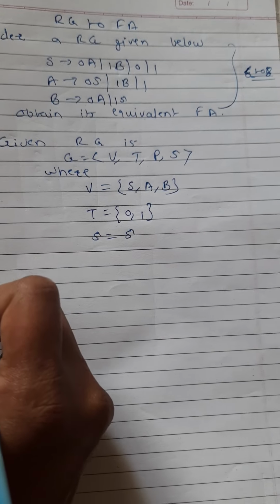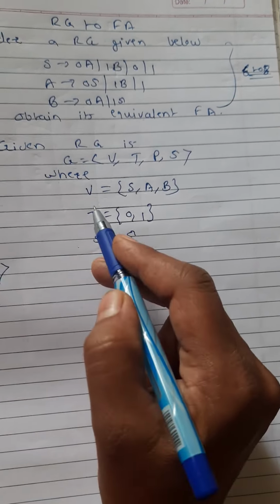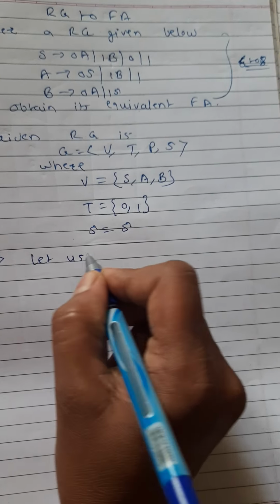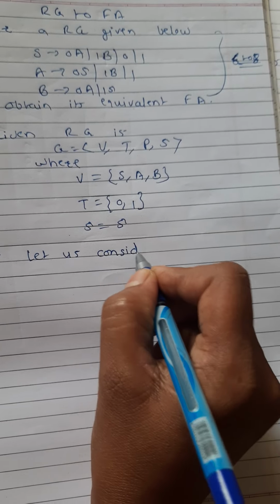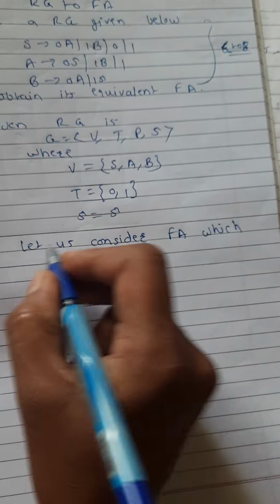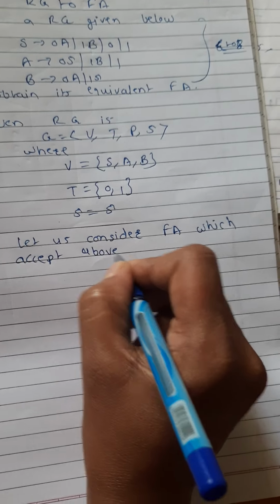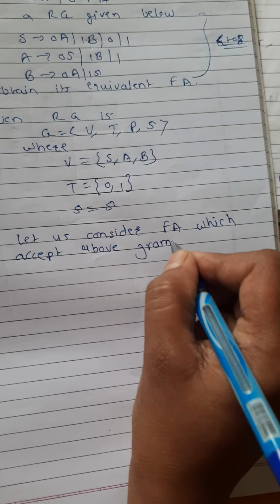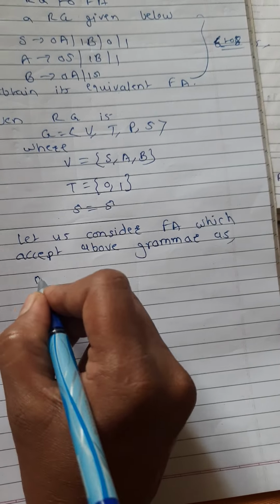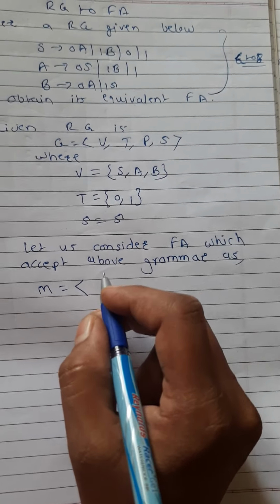Okay, now here step 1. Now we have to convert this given RG into the equivalent FA. So let us consider the FA which accepts the above grammar as M is equal to (Q, sigma, delta, Q0, F), because we know that a finite automaton consists of a total of 5 tuples.